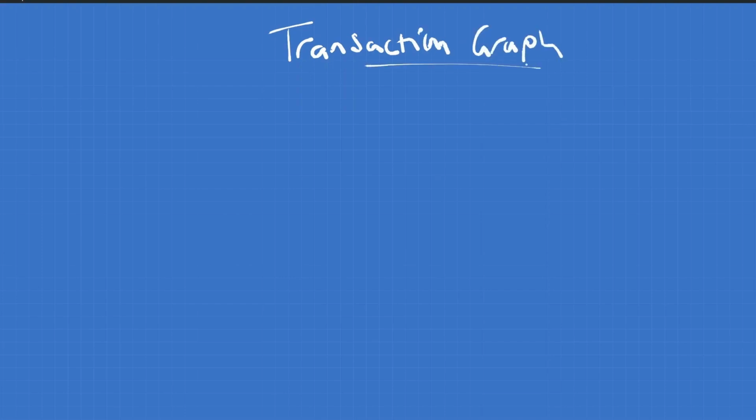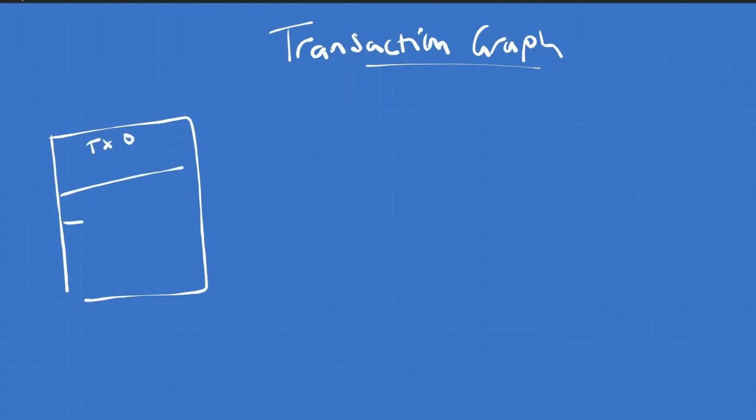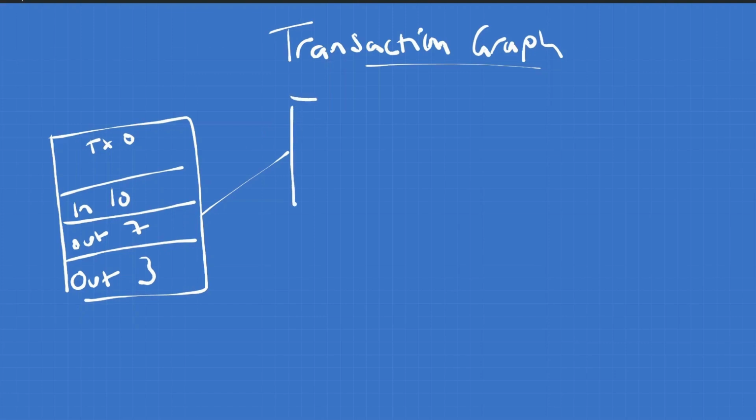Okay, our transaction graph. If we use our example of Alice paying a merchant, we'll call this TX0. In that transaction, there was an input of 10 BTC, and she paid the merchant 7. She received back change of 3. So here is the transaction to the merchant. Our merchant receives it and makes another transaction.